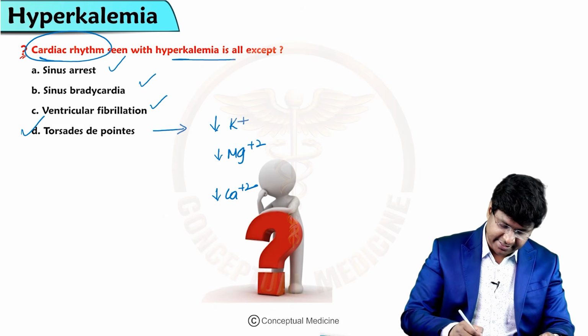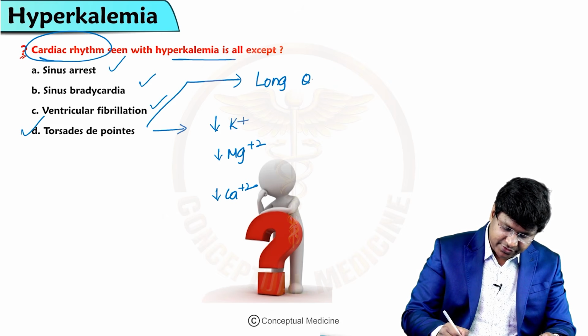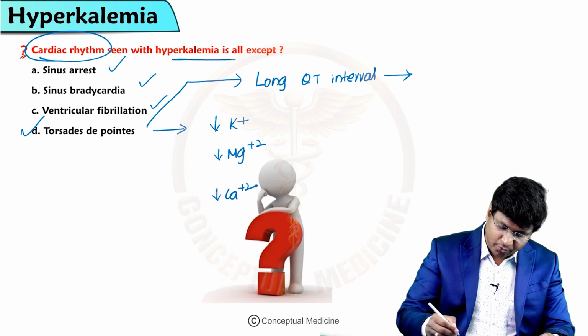Right? What is torsades de pointes? Torsades de pointes is the scenario where the individual has a long QT interval, and this long QT interval will progress to the development of polymorphic ventricular tachycardia.